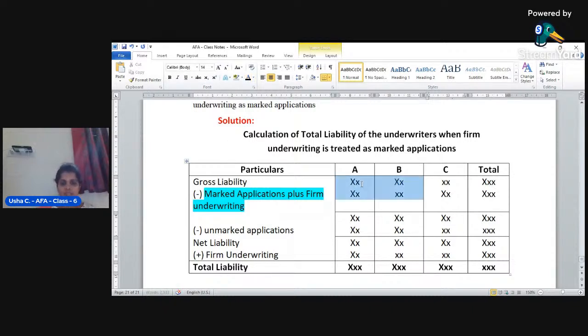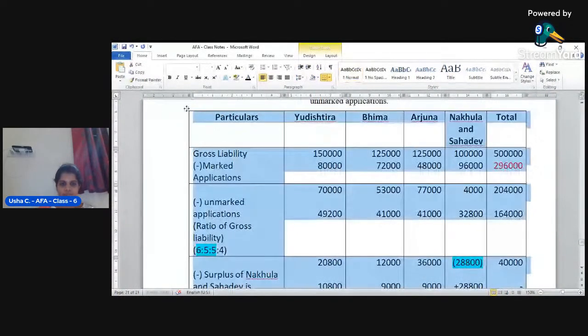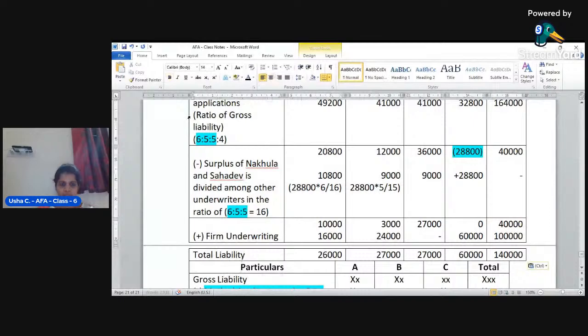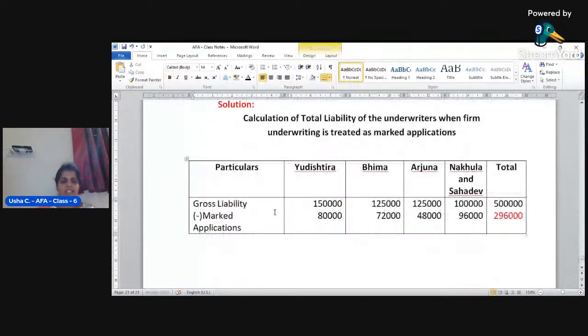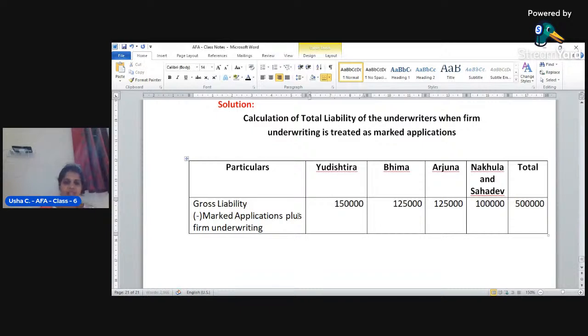Now take the gross liability, the same gross liability, and while taking the marked application, we should take marked application plus firm underwriting. Marked applications plus firm underwriting.